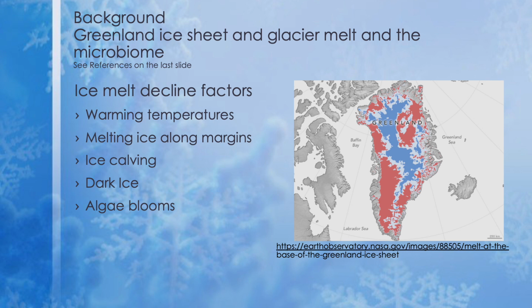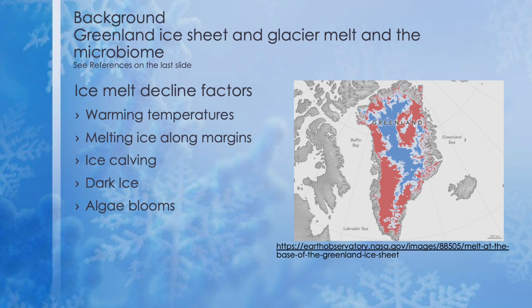Some of the factors that contribute to Greenland ice melt are an increased melt due to warmer air temperatures, melting of ice along the sheet margins, ice calving into the sea from glaciers and the sheet edges, and dark ice increasing temperature of surface ice.